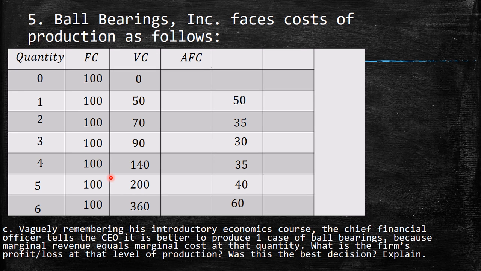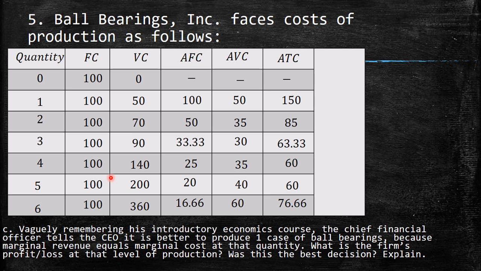The other part said, vaguely remembering his introductory economics course, the chief financial officer tells the CEO that it's better to produce one case of ball bearings because marginal revenue equals marginal cost at that quantity. What is the firm's profit or loss at that level of production?